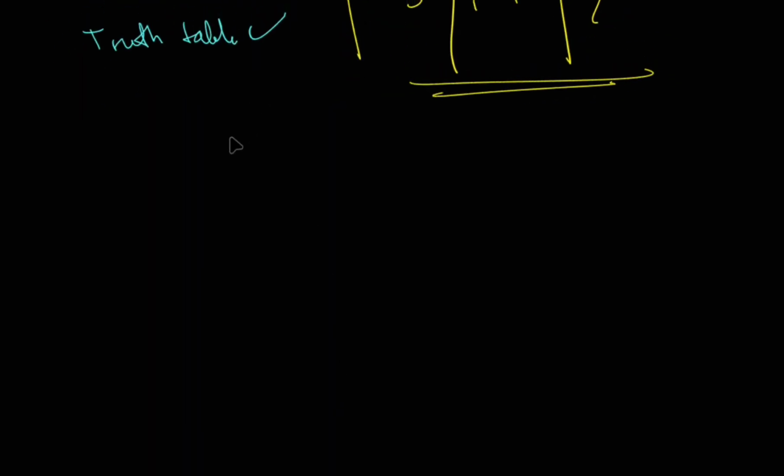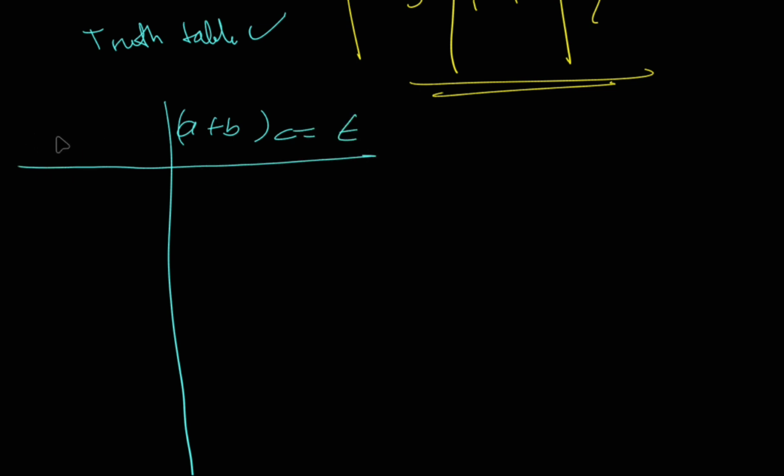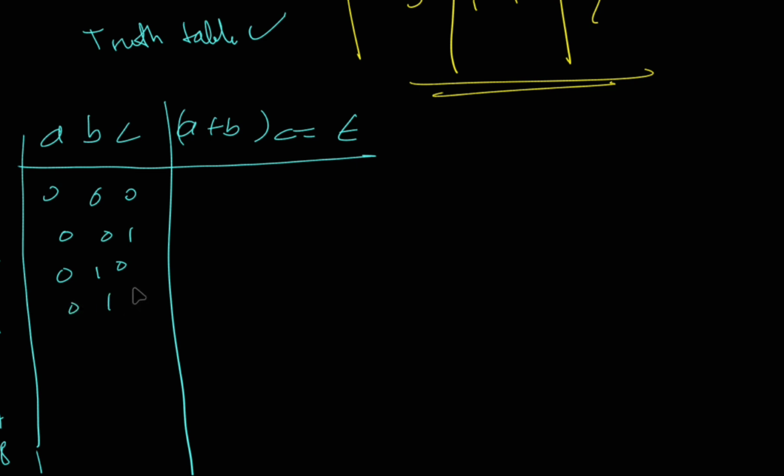So if I have three variables, A plus B dot C, this is the expression E. A B C. What is the standard form? 0, 1, 2, 3, 4, 5, 6, 7. See, like this 1, 2, 3, 4, 5, 6, 7, 8.